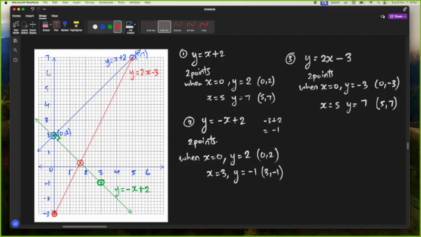Because if this is 1, 2, 4, 6, 8, so let me call that 1.7. Because if you notice, every one of these small lines is 0.2. So if this is 1, this is 1.2, 1.4, 1.6, 1.8, and that'll be 2. Right?